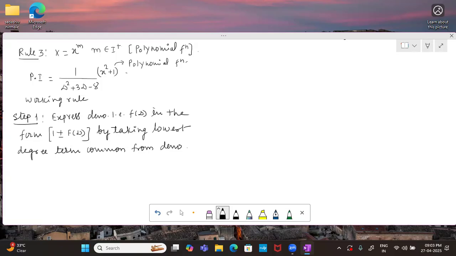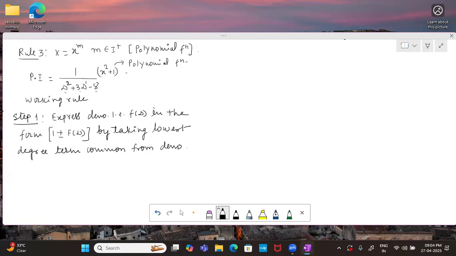So can you tell me the lowest degree term in these three terms? d square, 3d, minus 8. Lowest degree in the sense power of d. In the first term, power of d is 2, so it is a second degree term. Here power of d is 1, first degree term.